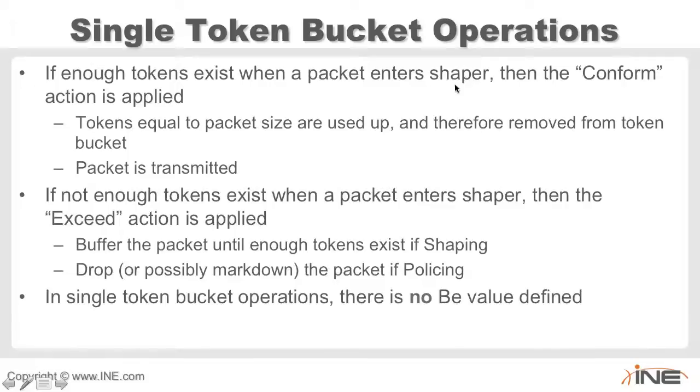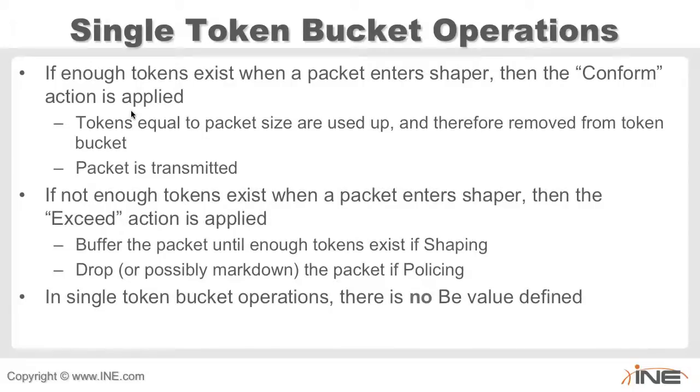In a single token bucket, the burst value is defined. If we're dealing with a dual token bucket operation, anytime you add the word violate, we always have conform. If you conform to the profile the policer is set up with, obviously you conform.